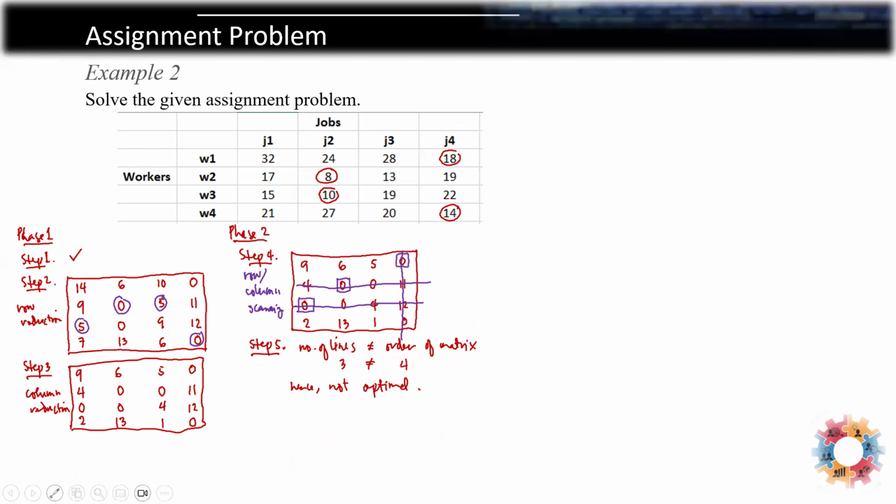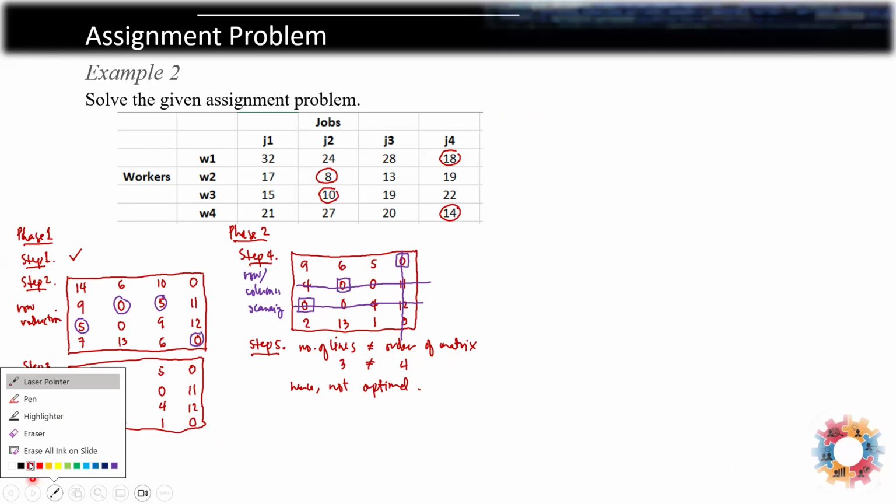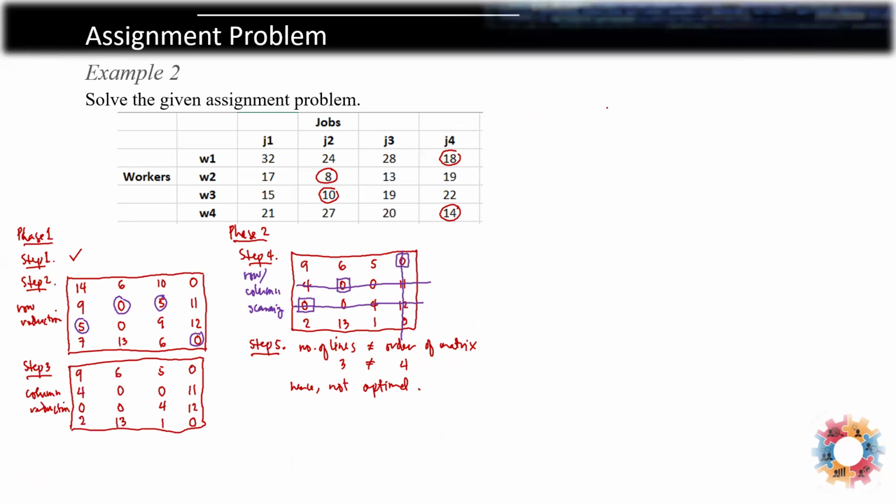So that would be step number 6. In step number 6, we're going to copy first, no? Copy the matrix from step number 4.